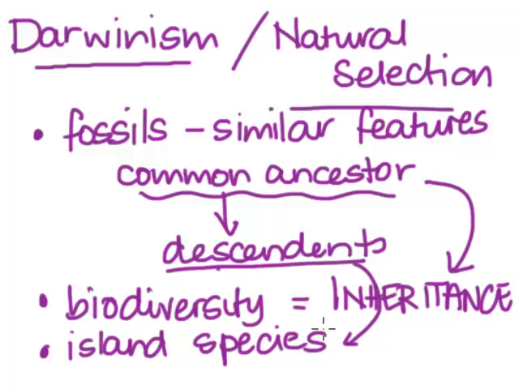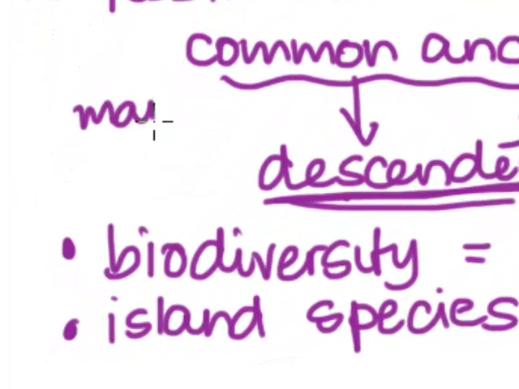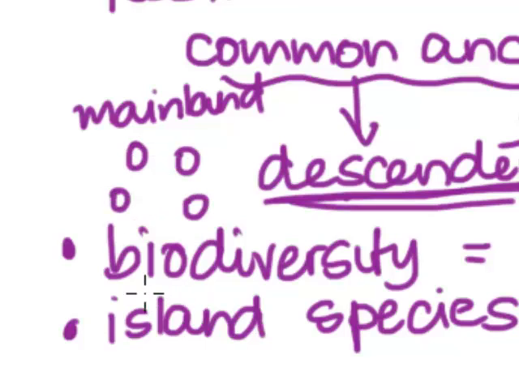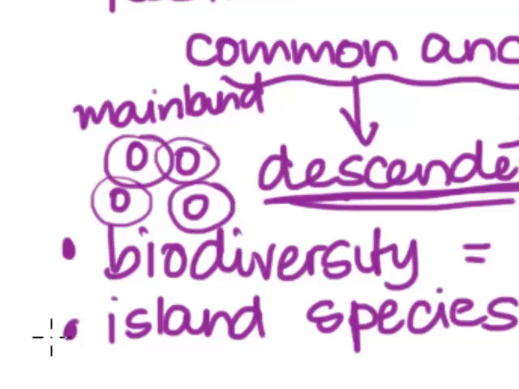He also noticed that there was a great deal of variation between very similar species on close islands. He suggested that all of the island species were descendants of a common ancestor on the mainland, but as they got separated on their different islands, they evolved differently due to being separated and due to there being unique climatic and environmental conditions on each of these islands.